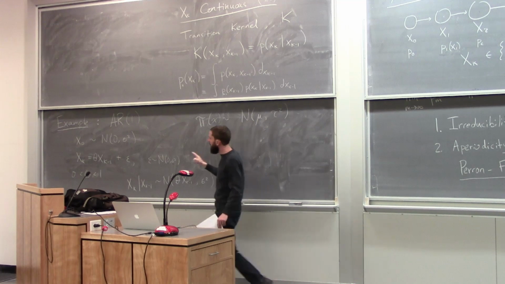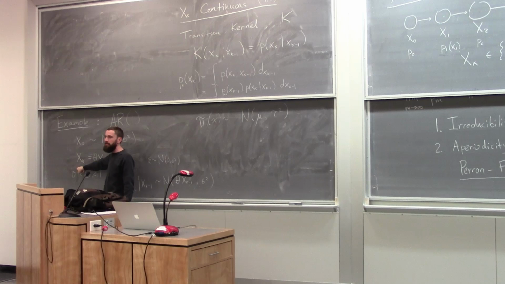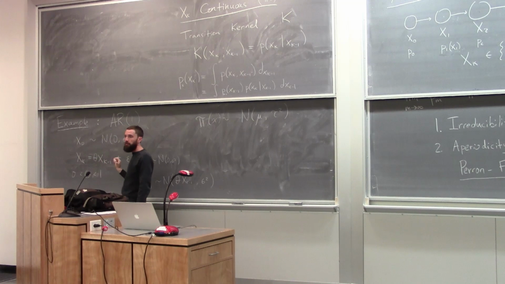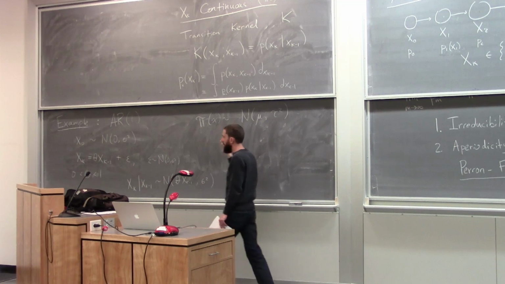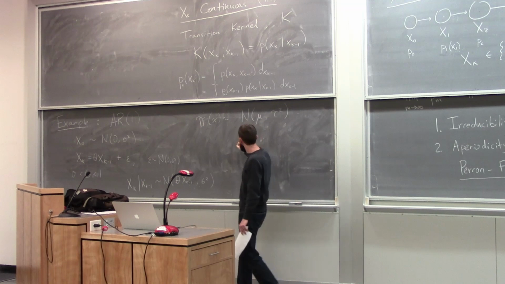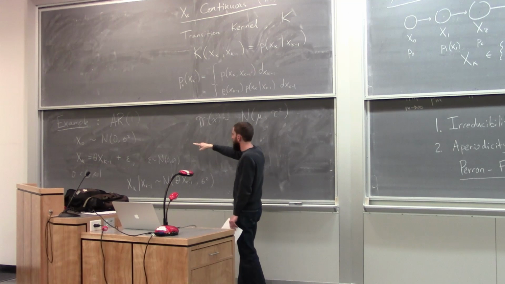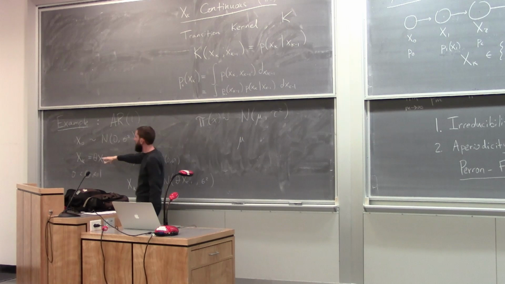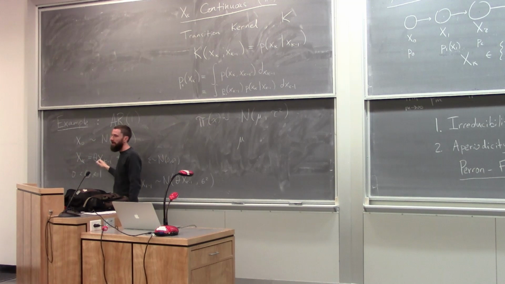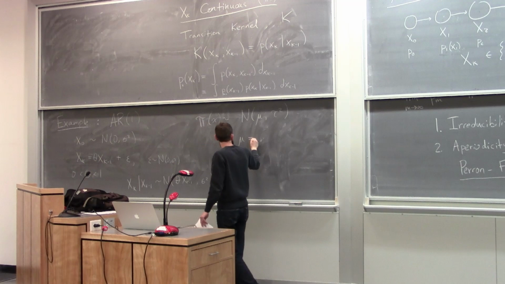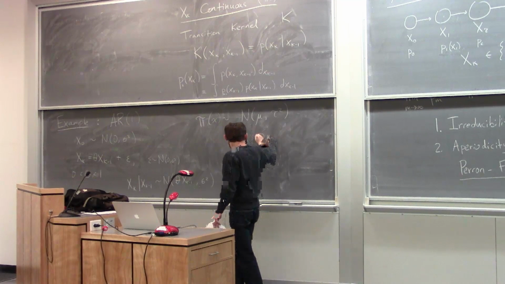If you think about taking the expected value of x_k, that's mu, right? The noise term has expected value of 0. This has expected value of theta times the expected value of the previous one. And if I've hit my stationary distribution, that means that if x is already from the pi distribution, and this is from the pi distribution, then mu has to equal theta times mu.